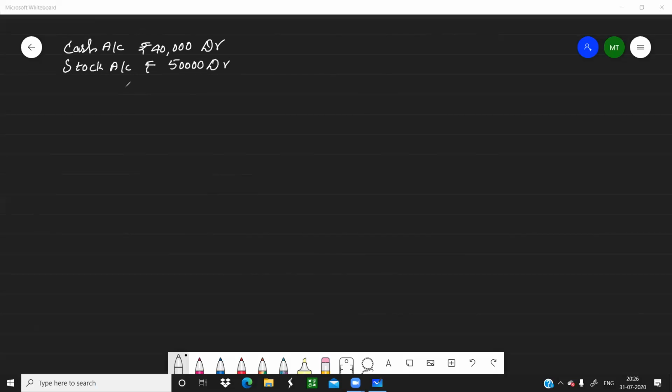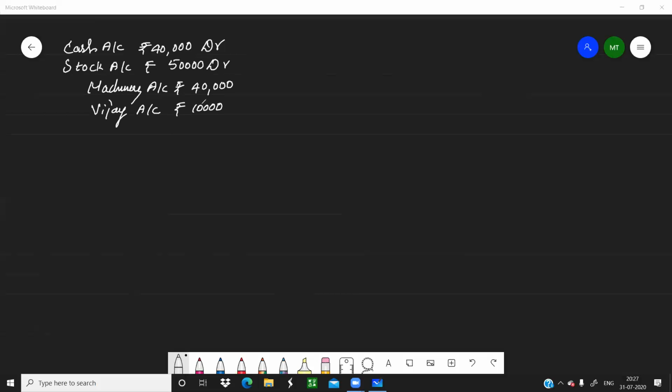Okay, then amount due from ROM. We have received amount from ROM. Then machinery account, 40,000 rupees. Okay, then amount due to Vijay account, rupees 10,000.